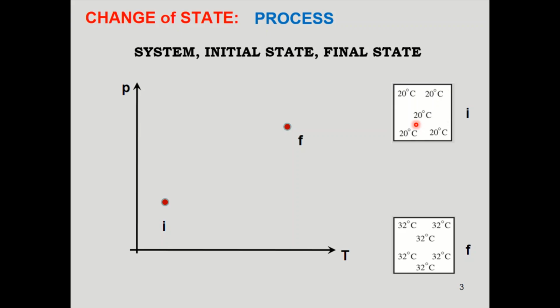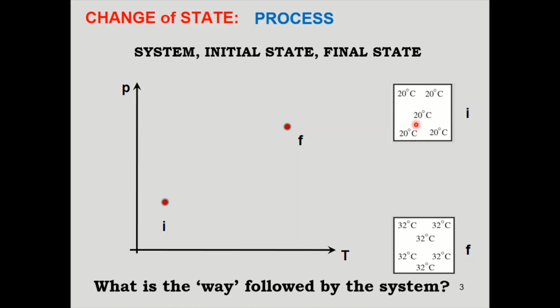Now another question may be raised: what is the path followed by the system when its state changes from I to F? Say that is the source, that is the destination. There may be various paths we can follow to reach here.